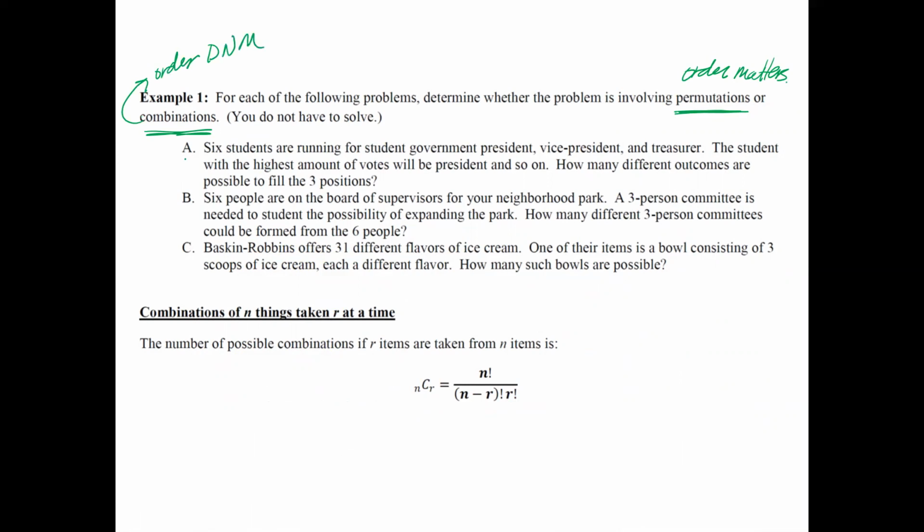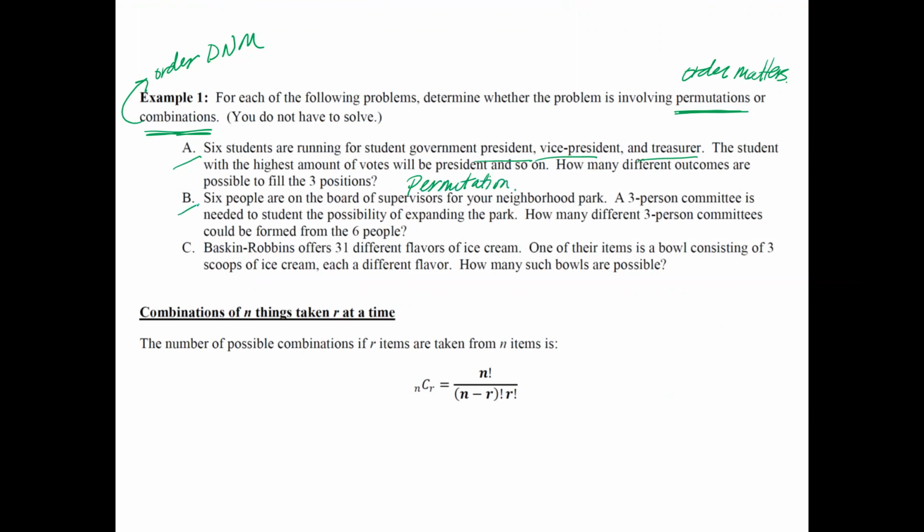Okay, so for A, 6 students are running for student government president. So there's a president, vice president, treasurer. Obviously, in those positions, it matters, like being in first place, second place, or third place. So this is where order matters, so it will be a permutation.